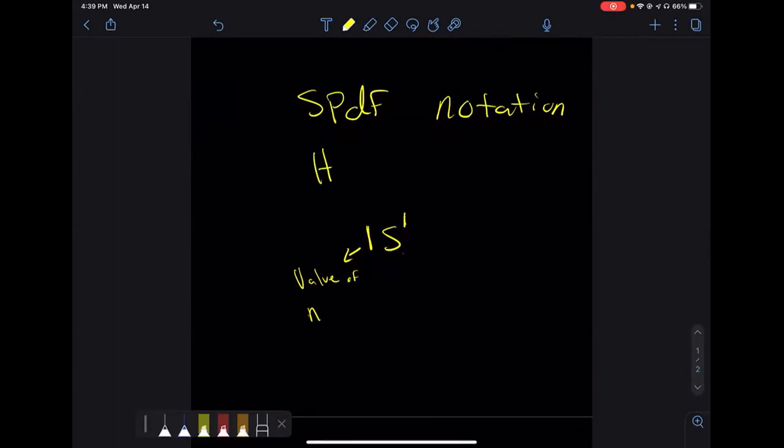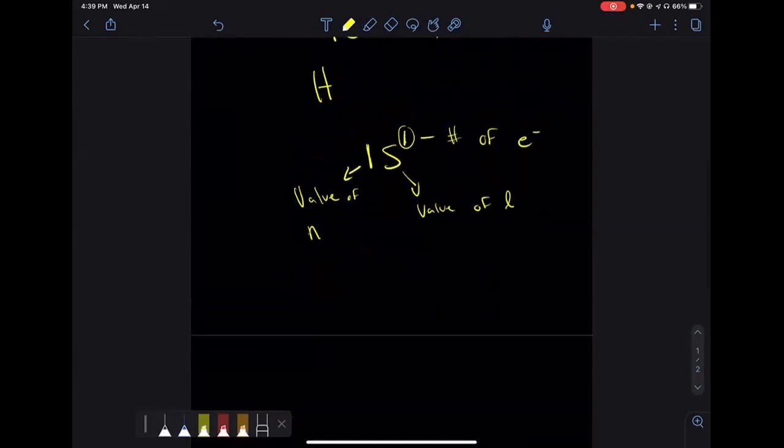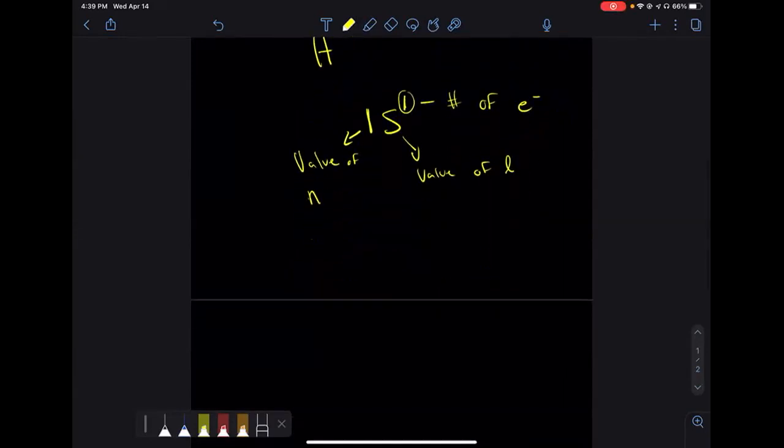The s value is also going to equal a value from our quantum numbers. The third number up here is one of the really important ones. It equals the number of electrons in that specific atom we're talking about. You're going to need to remember this.